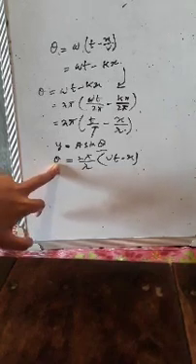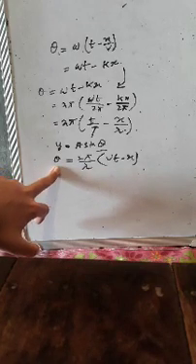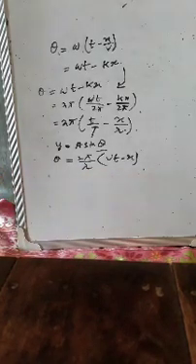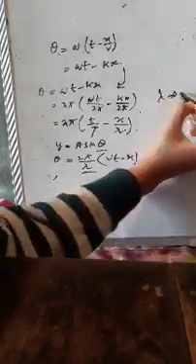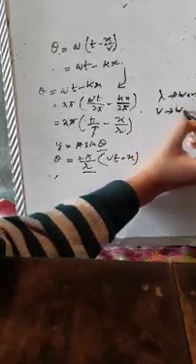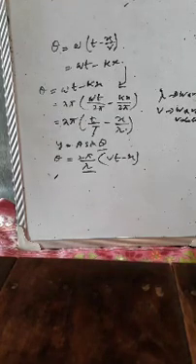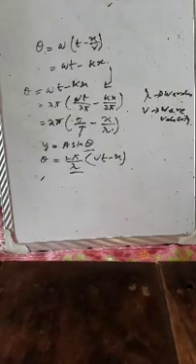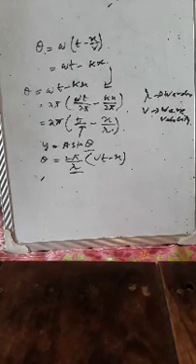Since this is the phase, from the values of lambda and big V, where lambda is your wavelength and big V is your wave velocity, we get frequency.